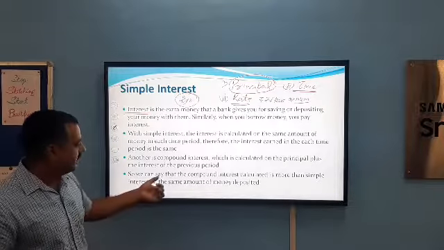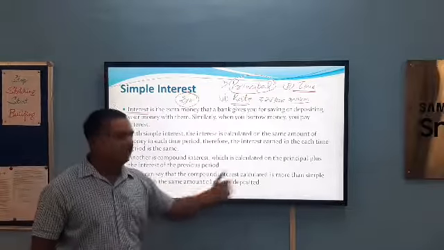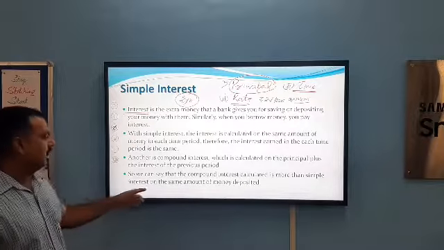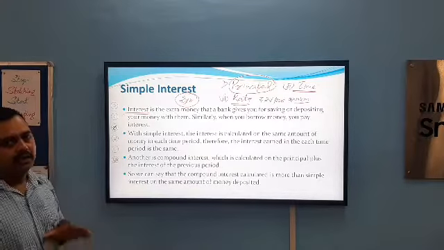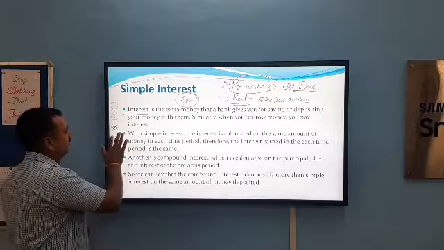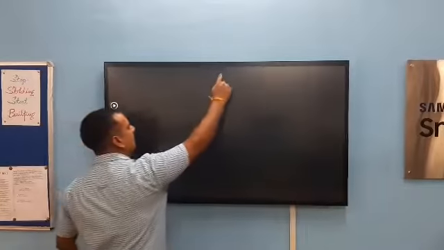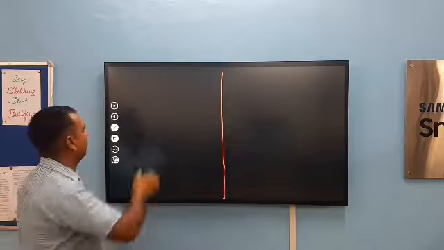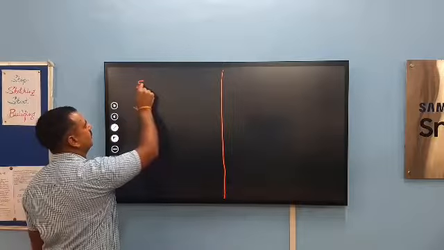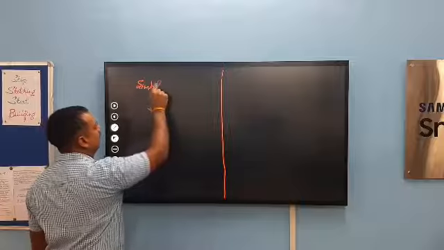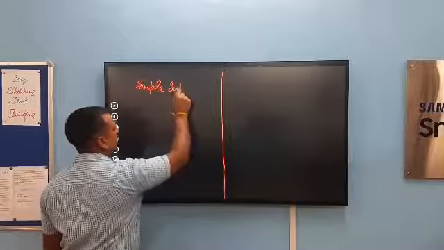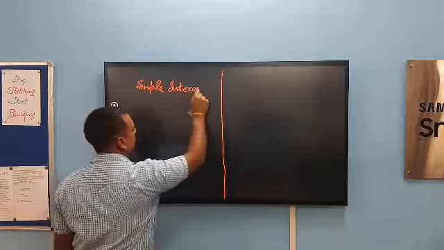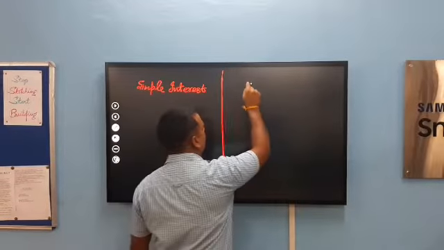So, we can say that compound interest is more than the simple interest on the same amount of money deposited. Let us take an example to understand simple interest and compound interest more clearly. Simple interest and compound interest.